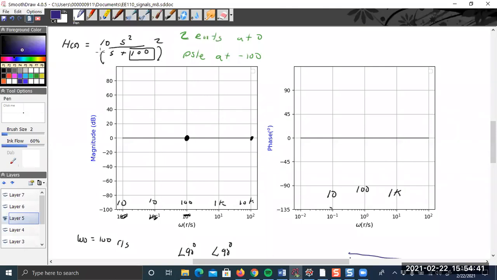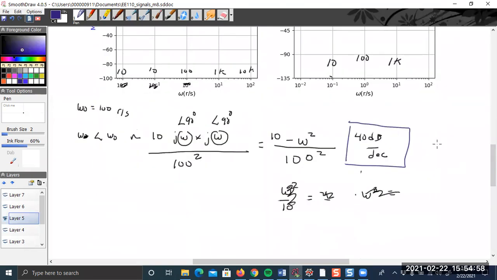Because I usually like it to work out, so I would have had this as 100. Okay. But since it's 10. So I know that line is going to be that.